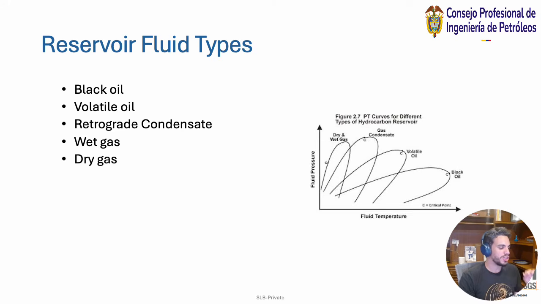So as a petroleum engineer, you should always think about the relationship between pressure, volume, and temperature, right? Pressure and volume are inversely related, whereas pressure and temperature, or volume and temperature, are proportionally related.